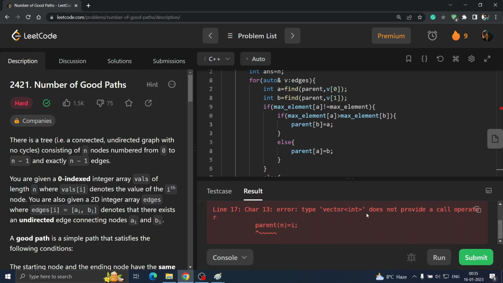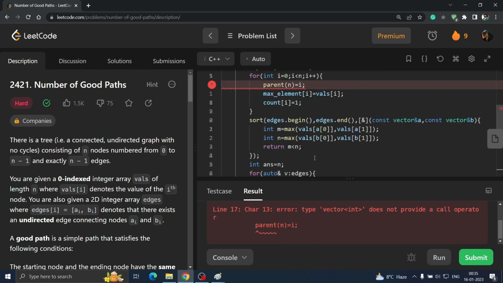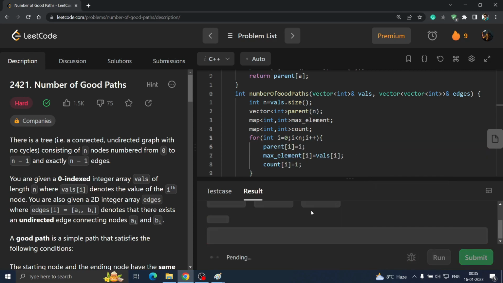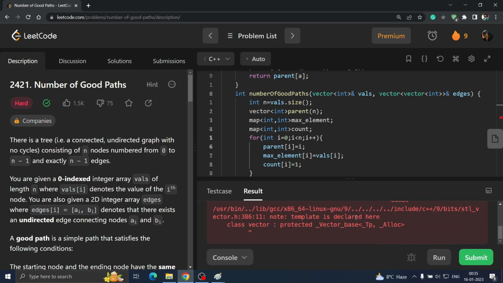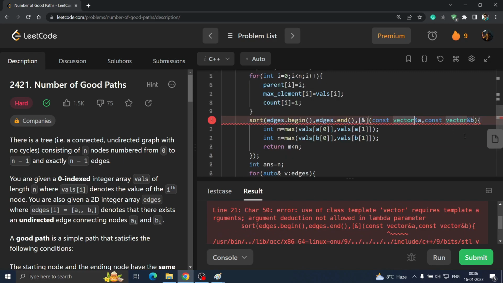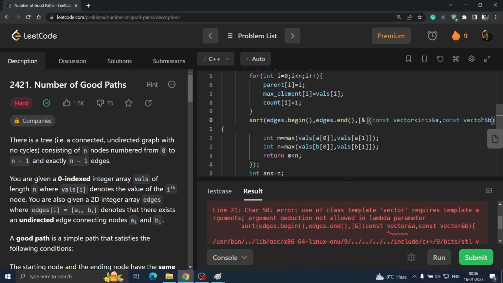What is happening? Parent n I is n equal to I. What is this? Oh, we have made a mistake here. It should be parent I is equal to I. Small mistakes, huh? Even after so much practice. And what is this? Oh, we have not written the data type of these vectors.